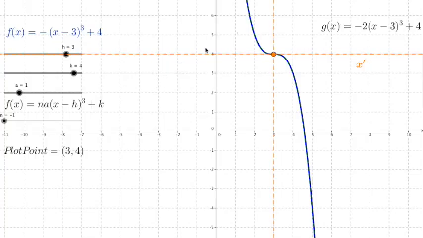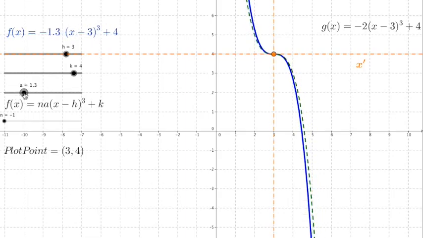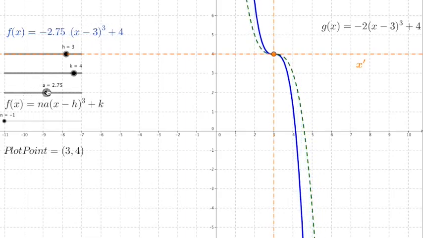Alright, so the next setting is this 2. We took care of the negative, we took care of the 3, we took care of the 4. So the 2 is the a. Now when I start moving the a, the graph is going to move away from that dotted line. If it's bigger than 1, it gets closer to the vertical.